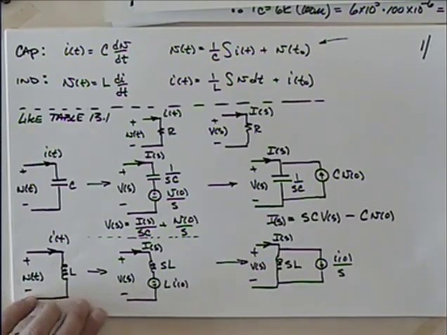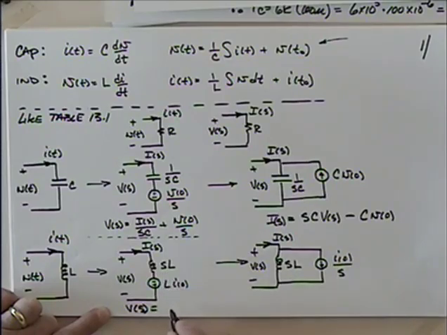And if I wanted to talk about the V of S here, I could say that it's equal to S times L times I in the S domain minus, because of the polarity there, L times the initial current.